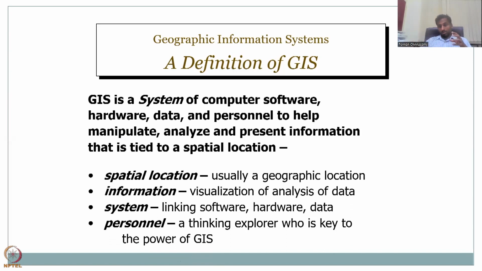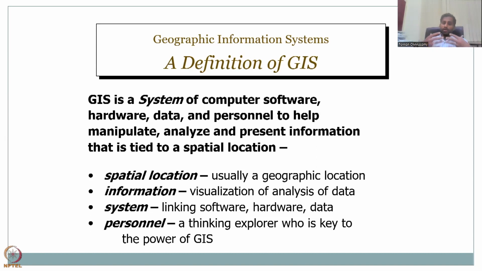So with the software and the hardware, there is data that comes in, and the person, the GIS user. All these have to come together for a GIS system because the user controls what data comes in and the user controls the software and what tools to use in the software.